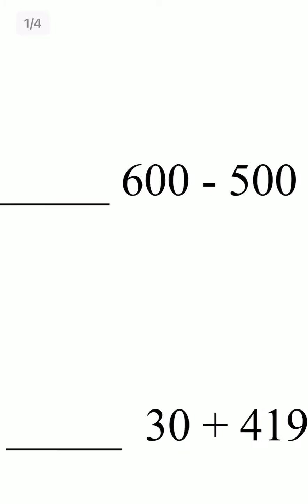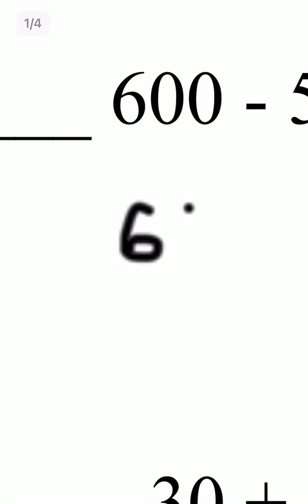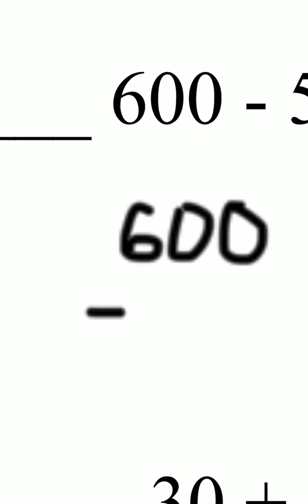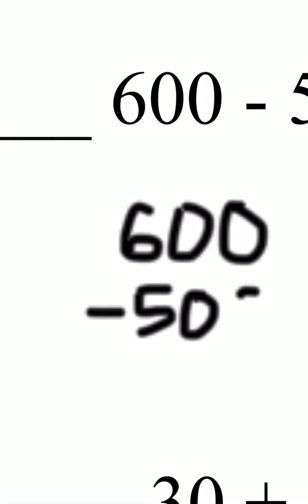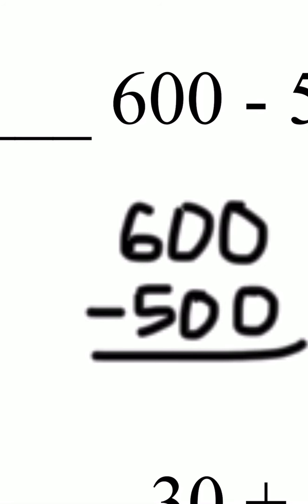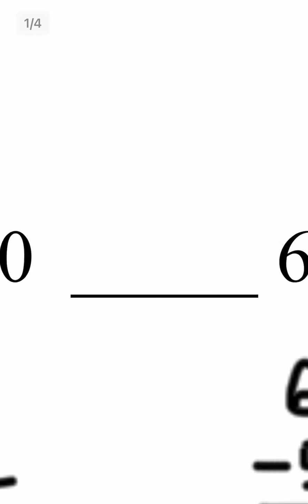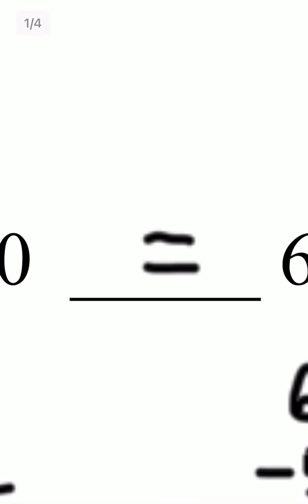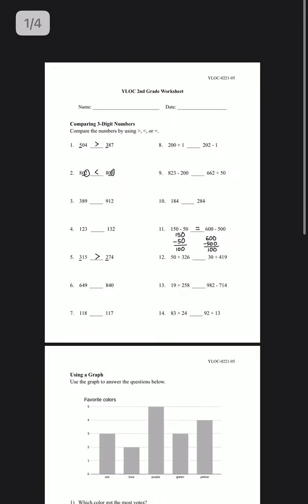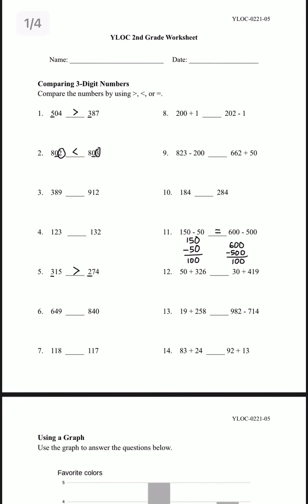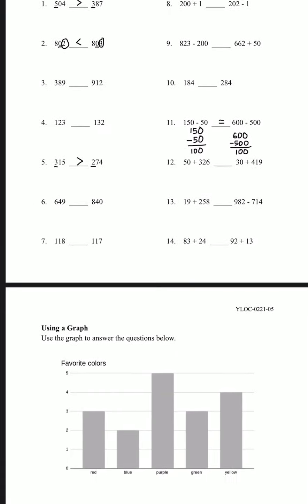And then when we subtract 500 from 600, we also get 100. So they are equal. Let's move on to the next page.